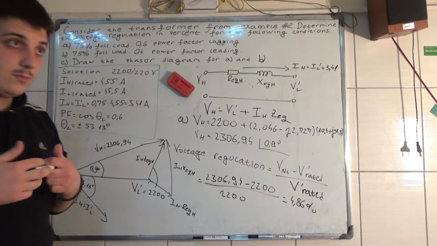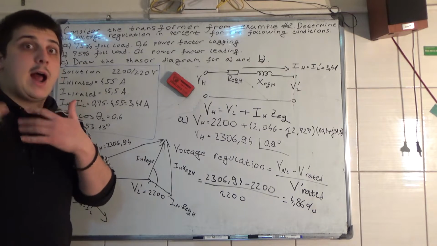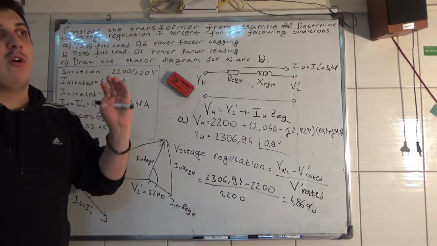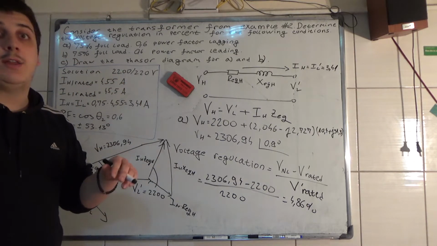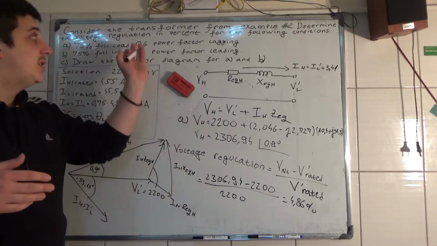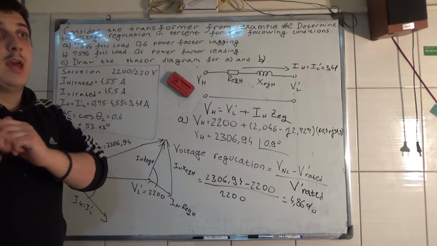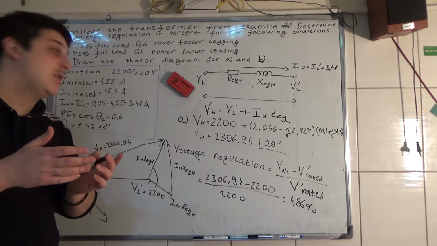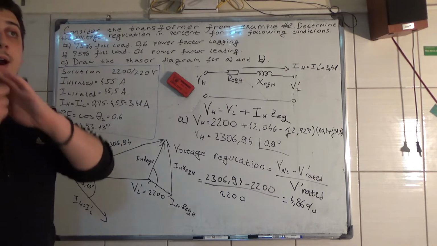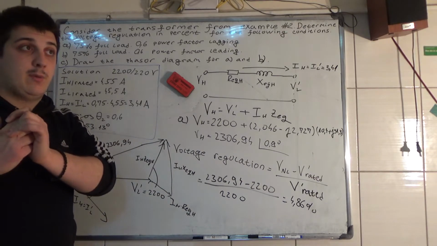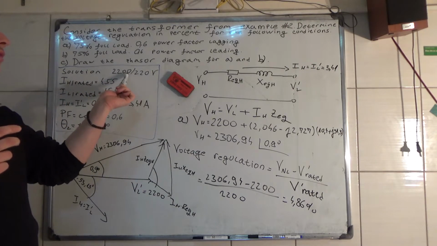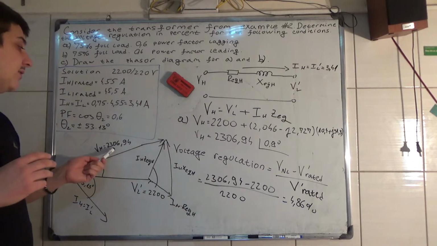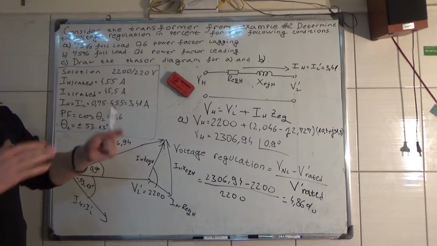So if I, as a designer, know that the average area of your neighborhood uses 0.6 power factor lagging, and you want to make a new transformer, then you will make a transformer which, when you bring 2200 volts on the high side, on no load will be 230.694 on the secondary.